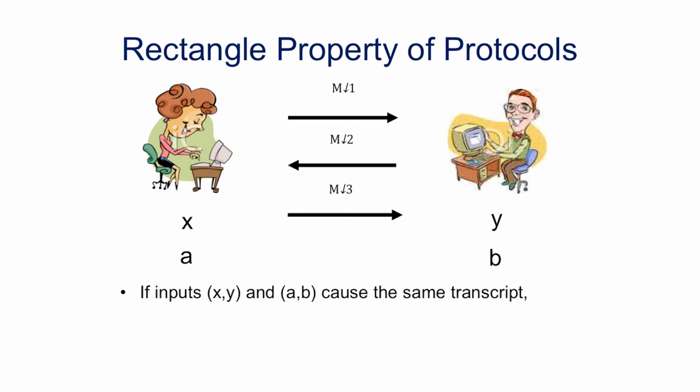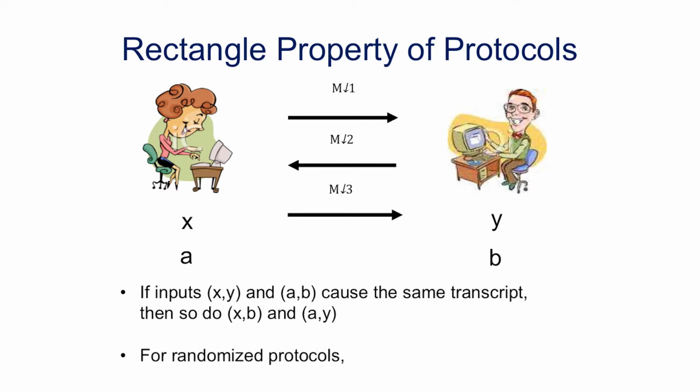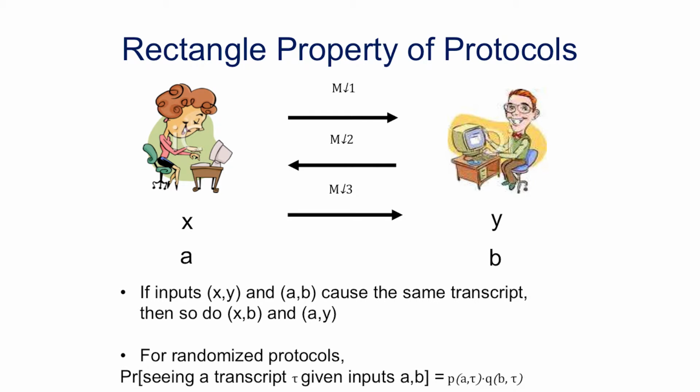Any questions? Okay, good. So for randomized protocols, the analogous thing is that you just think of the private randomness of the players and include that as part of their input. Then apply this argument for deterministic protocols. So the probability that you see a transcript tau given inputs A and B, the nice thing is it factors into a product of two functions.